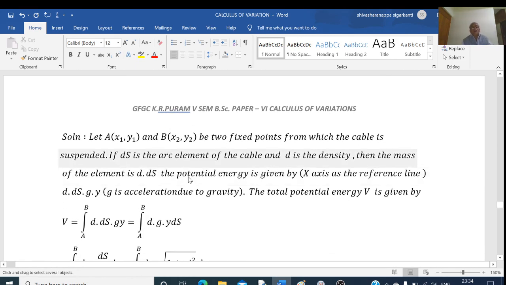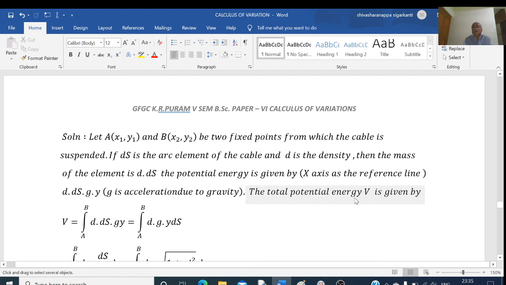And if ds is the arc element of the cable and d is the density, then the mass of the element is d into ds. The potential energy is given by, taking the x-axis as the reference line, d into ds into g, the acceleration due to gravity, into y.